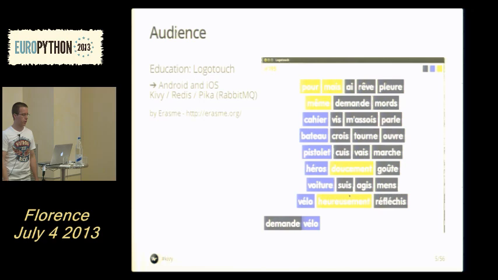Another kind of application is one I did last year. It's for education. Here is the next version of the application. You are exploring the word meaning with gestures. Like if you take a car, you will scale up, like everybody knows the scale gesture, and the car will be a truck.